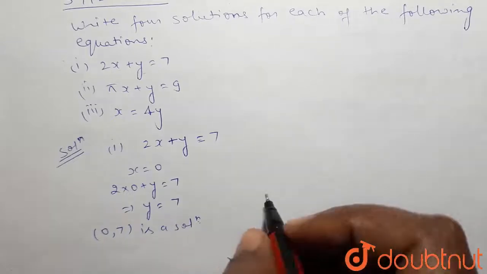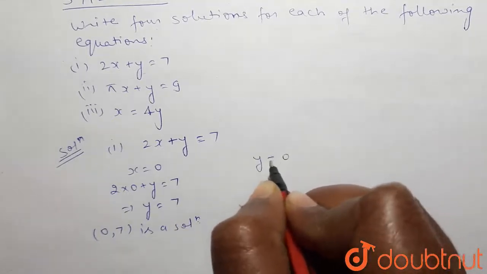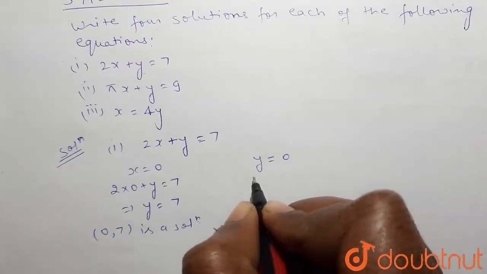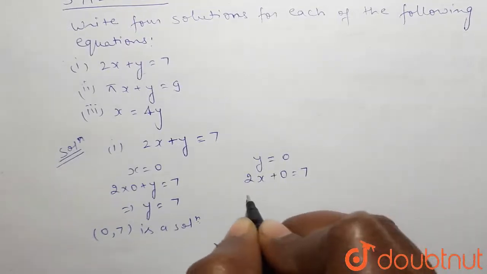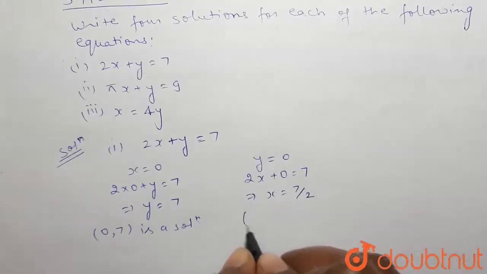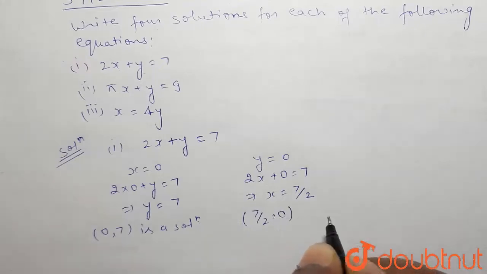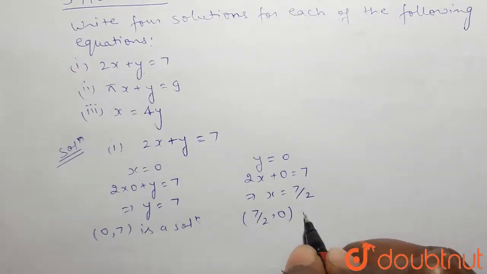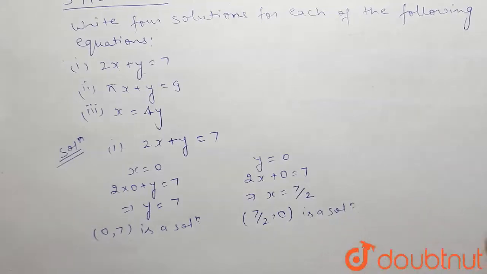Okay, now let's put y equals to 0 in the second part. So it will be 2x plus 0 equals to 7, and this gives x equals to 7 by 2. So the second solution will be 7 by 2 comma 0. This is also a solution of the given equation.